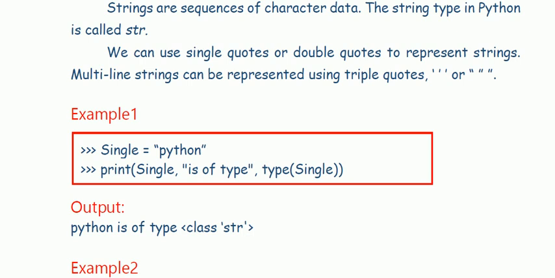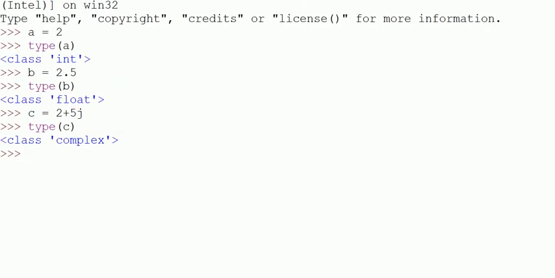So we will see this practically. The string s equals, so the variable name s equal to, quotations, welcome, quotations close.